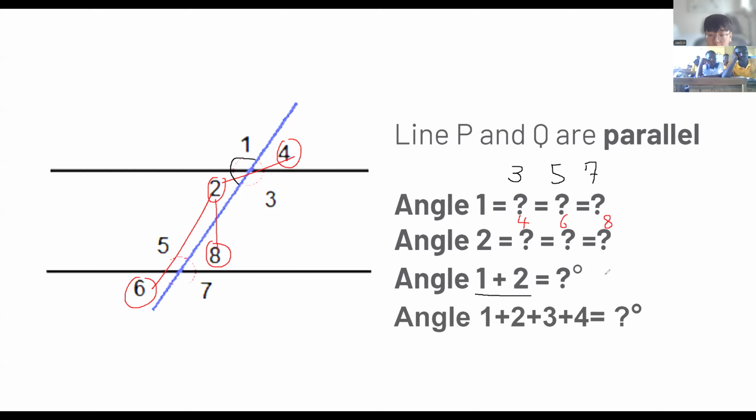The straight line will be 180 degrees. And what about angle 1 plus 2 plus 3 plus 4? 360. Yep, that's right. That forms a circle, 360 degrees. Remember that a full rotation is 360 degrees.